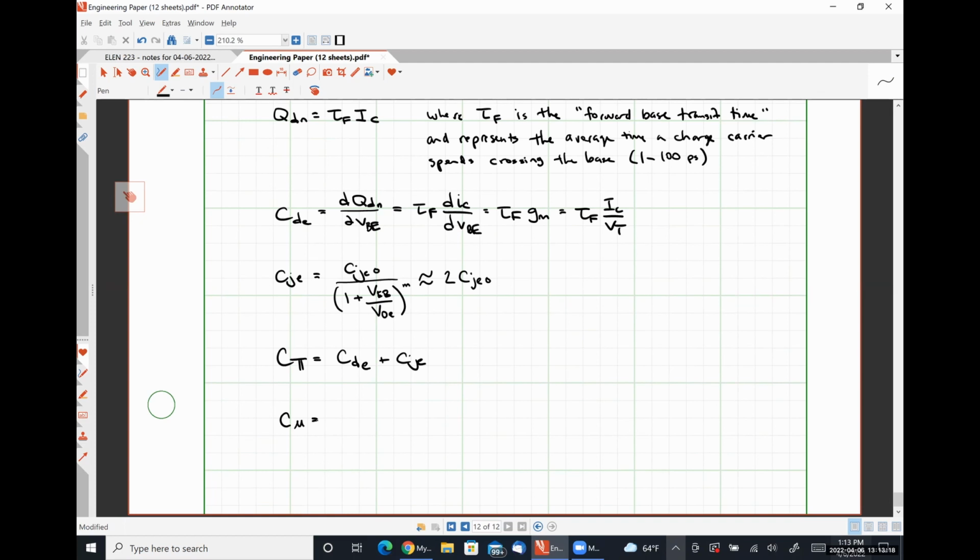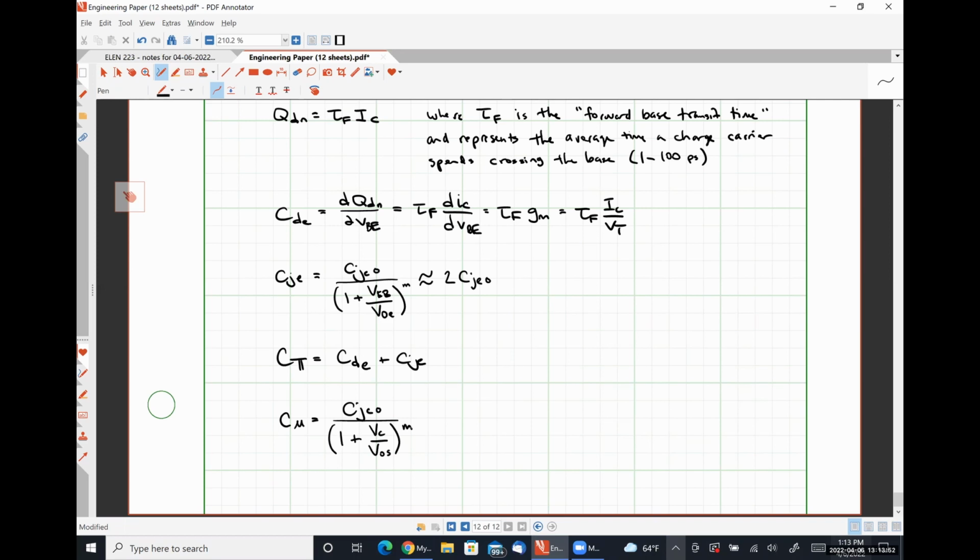So it's going to look like CJC naught, where CJC naught represents the junction capacitance of the base collector junction at zero bias, divided by 1 plus VC over V naught to the S power, where that V naught S again represents the built-in voltage of the collector base junction.